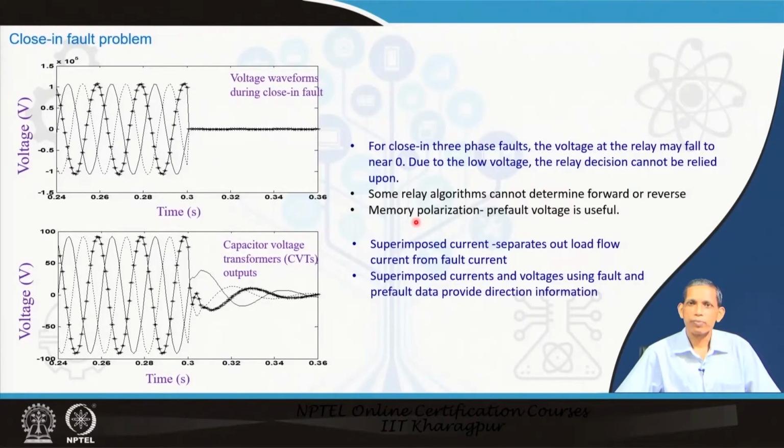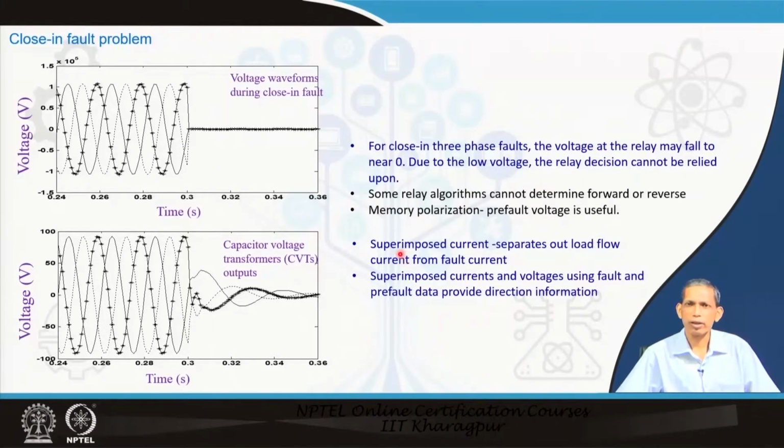In numerical relaying we have that scope, because the relay continuously stores data, and in case of an event which is to be recorded, the relay stores the data permanently. Therefore, pre-fault voltage can be employed in such situations for a correct directional relaying decision, and that is what we call memory polarization.